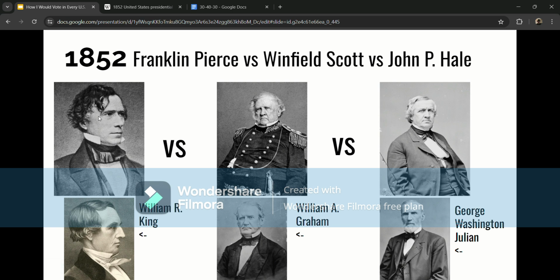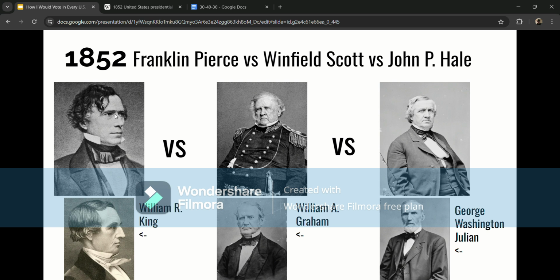What I do not like about Pierce is his lack of experience, although we'll get to Winfield Scott in just a moment. I do not like his lack of experience and his platform, which was he was another doughface, Northerner with Southern sympathies.